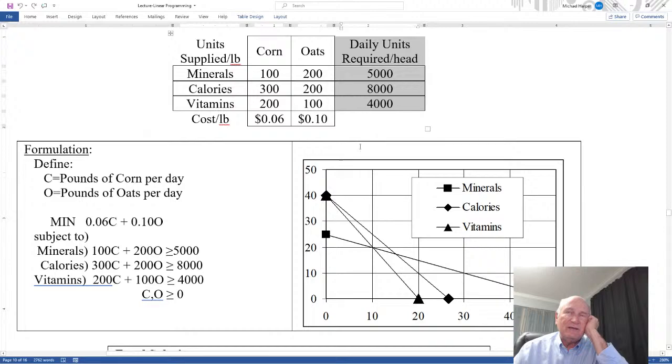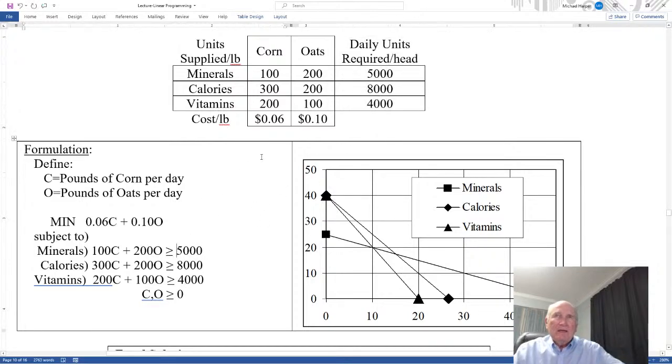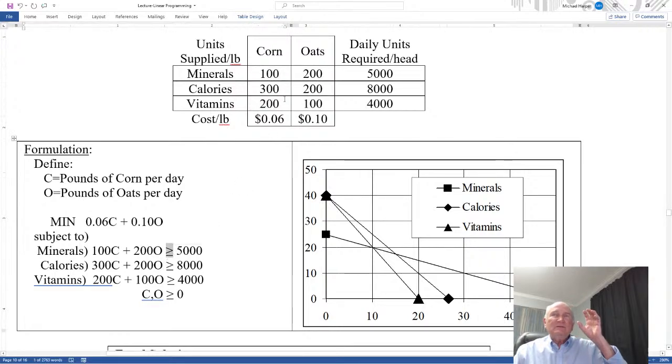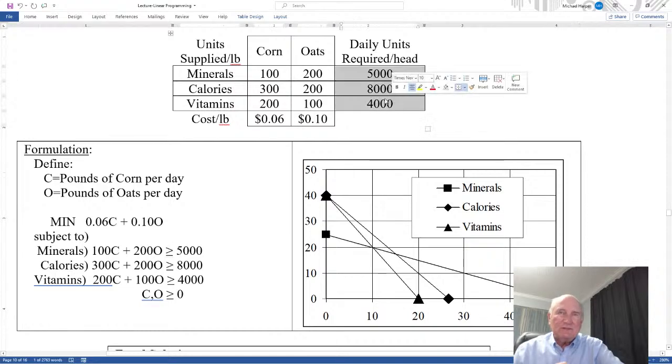So 5, 8, and 4, that's on the right-hand side over here, right? But then for every pound of corn and oats, here's how many minerals, calories, and vitamins we're going to actually put into this product of feed. So it's 100 C, 300 C, 200 C, 200, 200, 100. But it's greater than, because we want to be more than the minimum daily requirements.